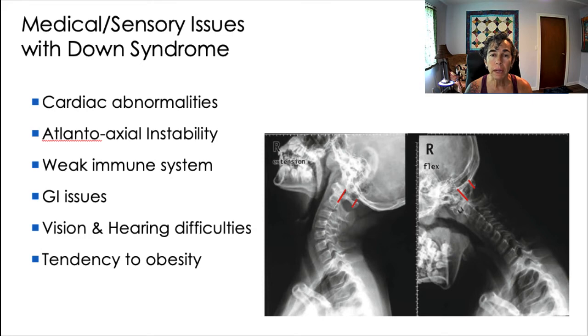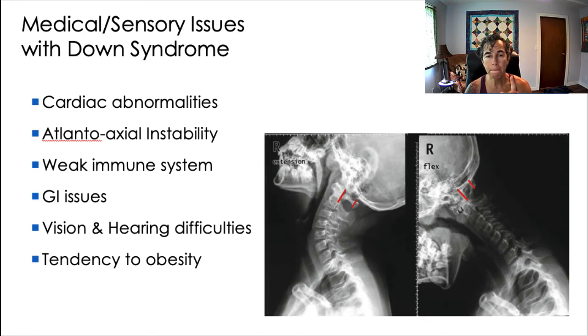In terms of medical issues, there can be cardiac abnormalities that need surgical repair at or shortly after birth, or further down the road, cardiac issues that develop throughout the lifespan. There's something called atlantoaxial instability, and the pictures in this slide are of atlantoaxial instability.